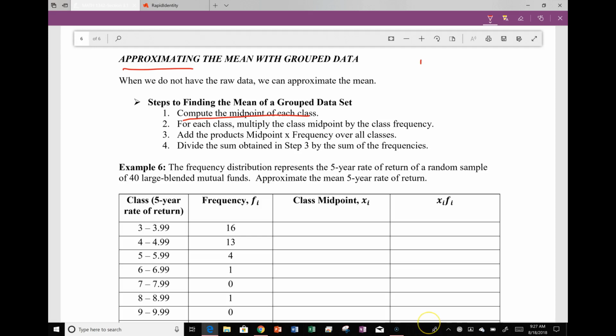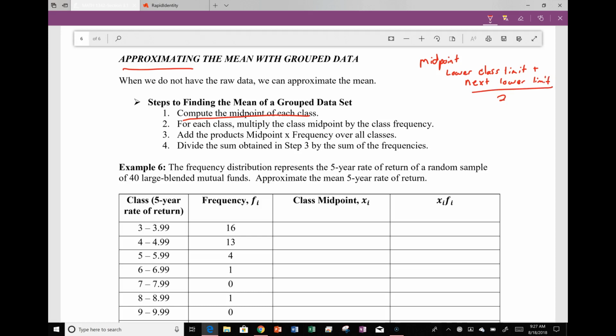Recall that the midpoint is calculated by the lower class limit plus the next lower limit, and then we divide by 2.